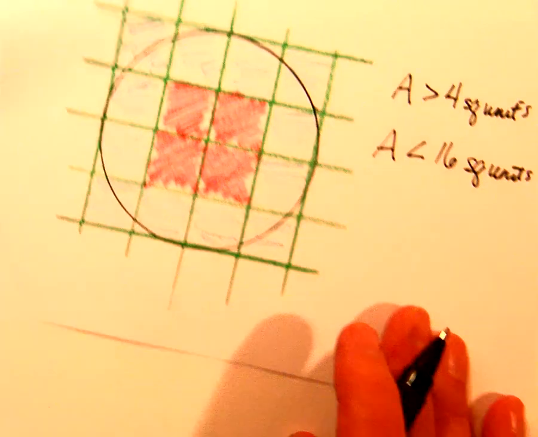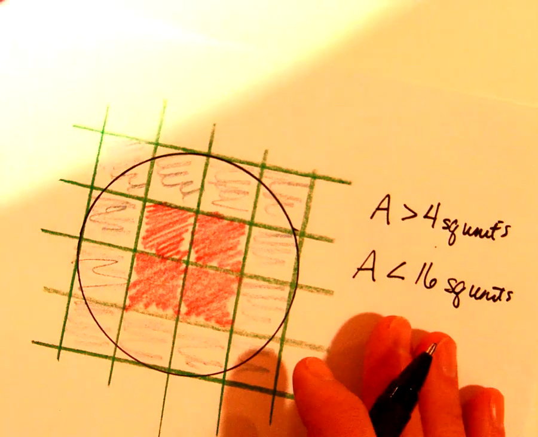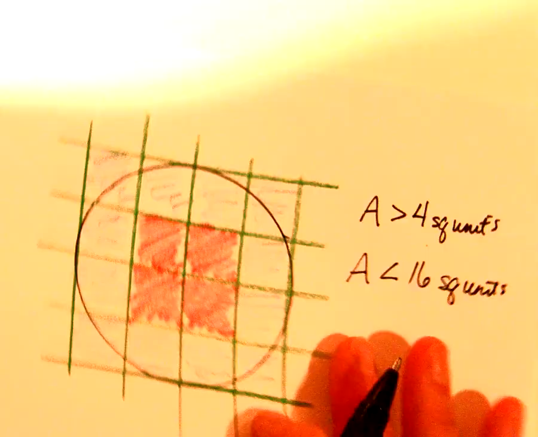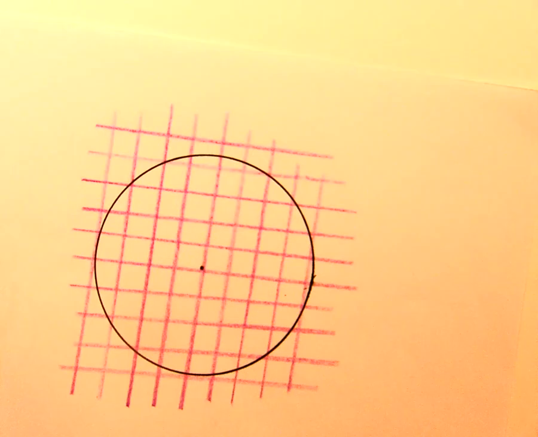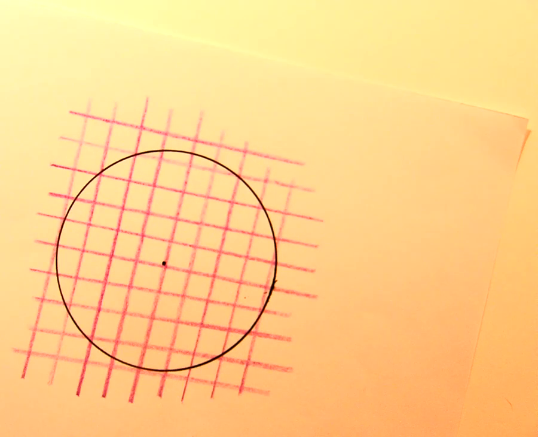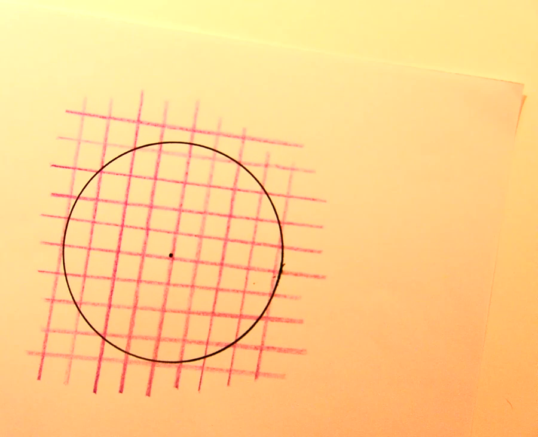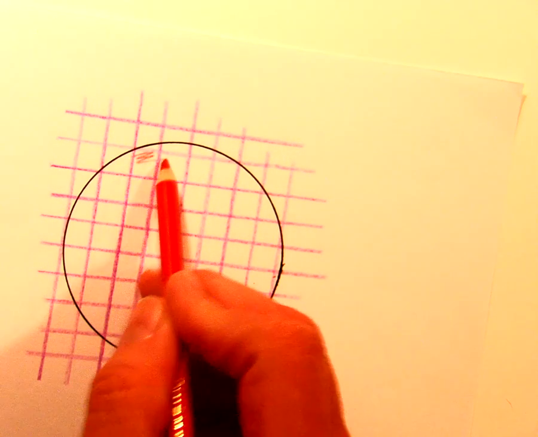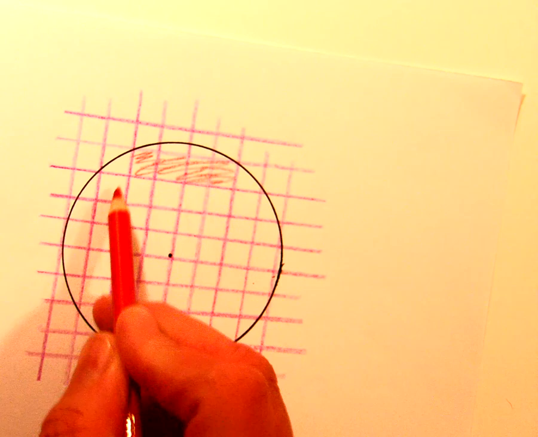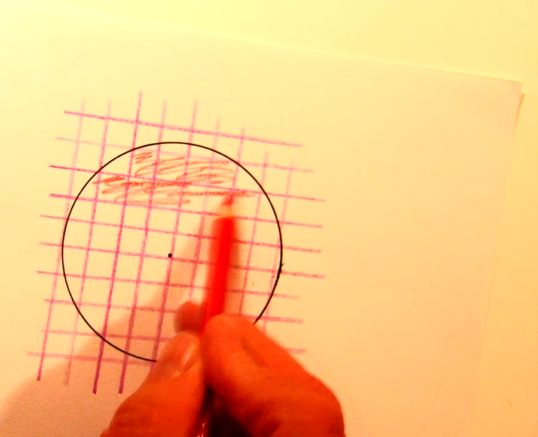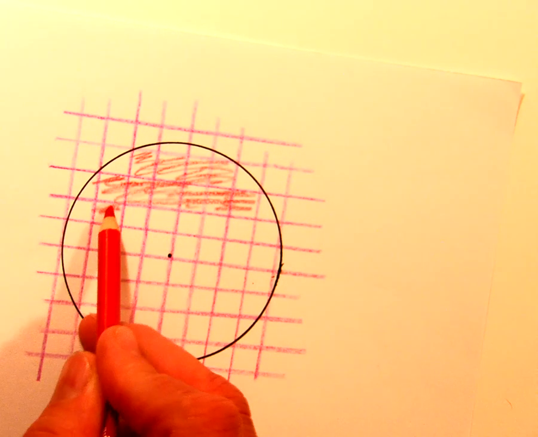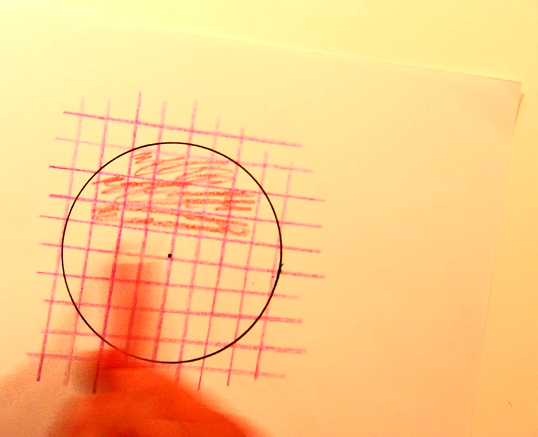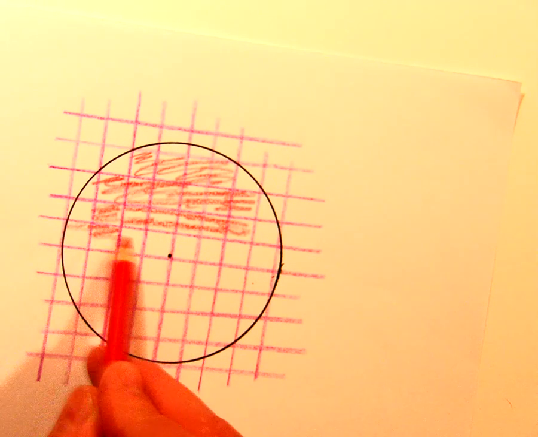Well, let's see. What if I do it again? What if I make another slice in between each one of those? And I do the same thing. Okay, so then I'm going to have the ones that fit in. Well, not quite.